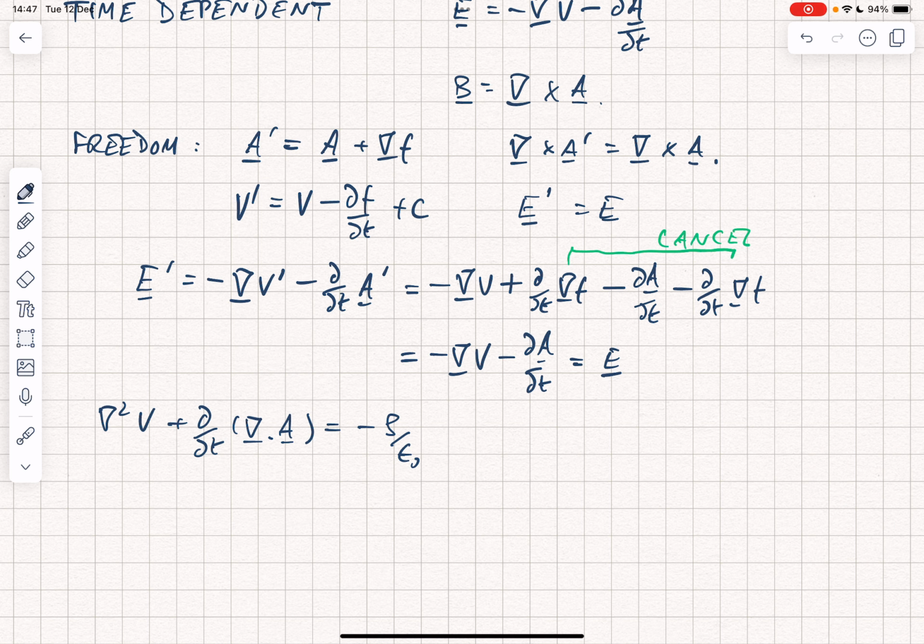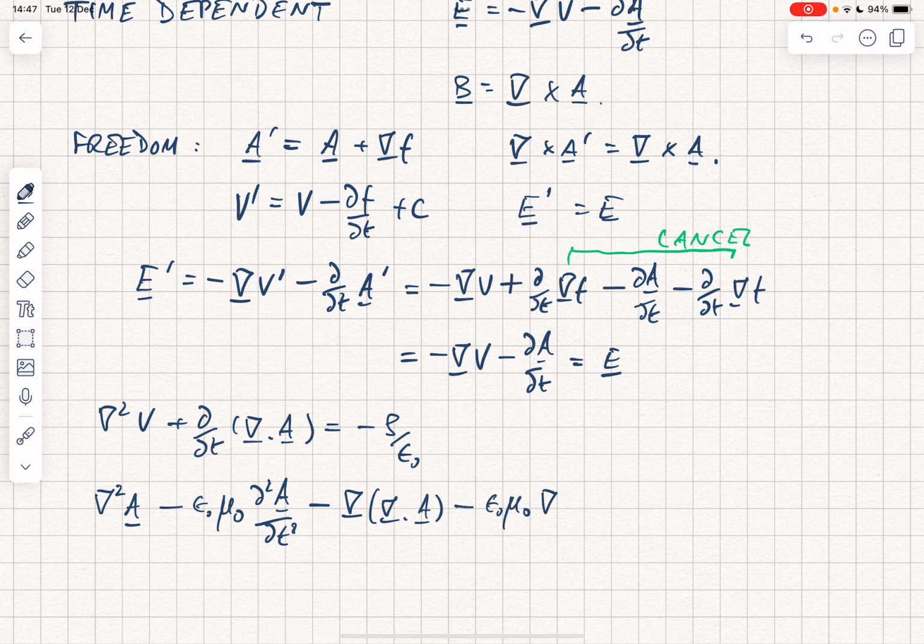And for the vector potential, we end up with del squared A minus epsilon naught mu naught d2A by dt squared minus the gradient of div A minus epsilon naught mu naught the gradient of dV by dt, and that's equal to minus mu naught J. So I'll derive those in the next video.